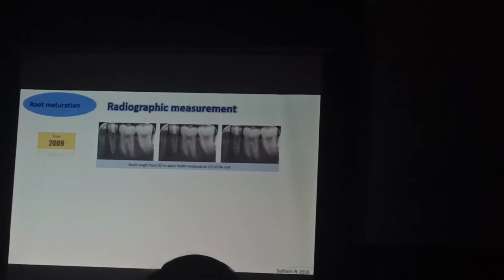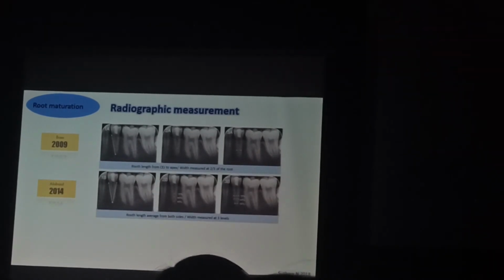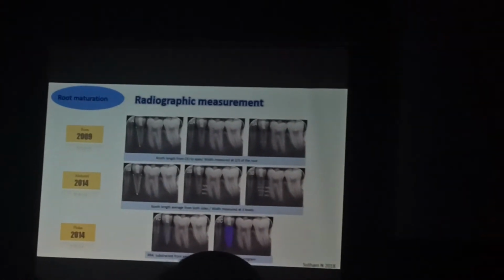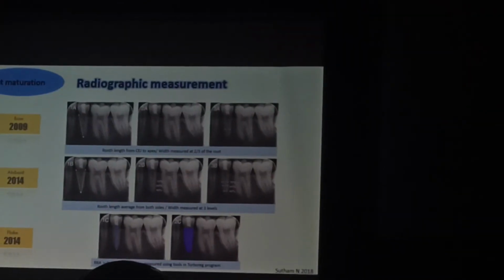Therefore, if we would like to see the change in root thickness and root length, we have to see it from the radiograph. There are many groups of researchers that mention how to measure the tooth length.